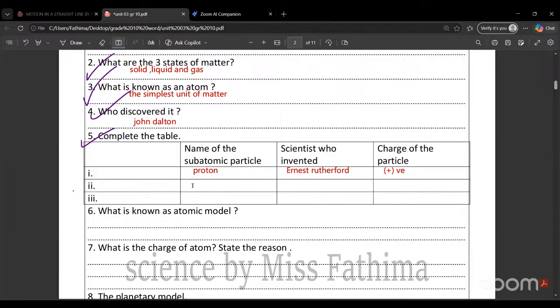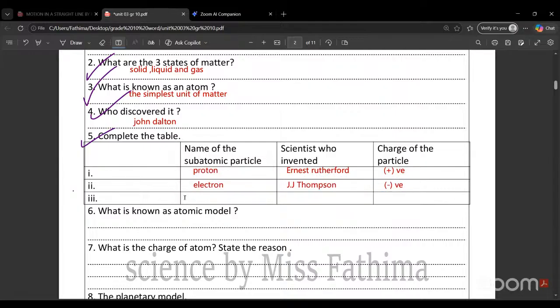Then electron. Next one is about the electron. Right? Who invented the electron? J.J. Thomson. The charge on the electron becomes negative charge.